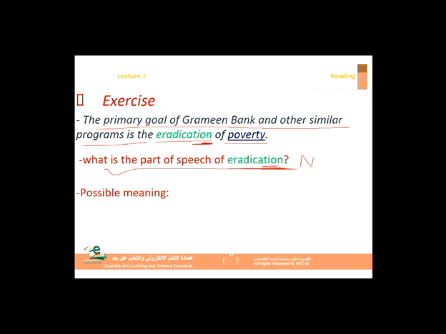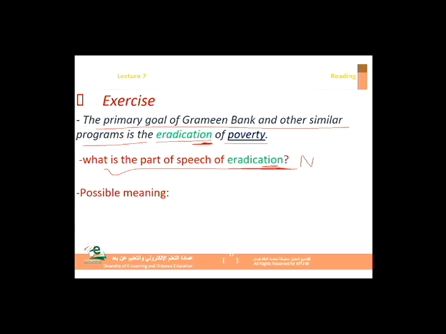So the bank is there to help people, poor people. And the primary goal of that bank is the eradication of poverty. So what do you think the bank aims to do with regards to poverty? Is it to make it worse, or to make it better, or to solve this problem?